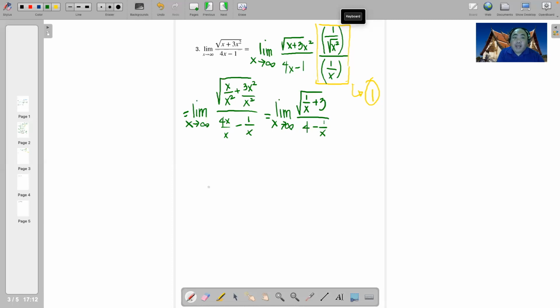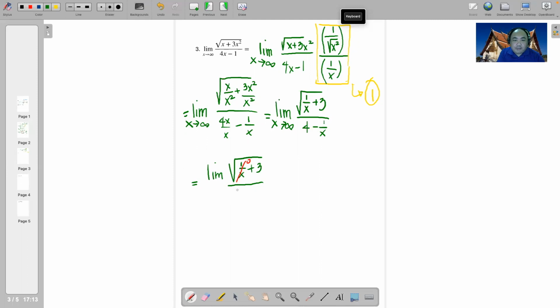infinity. And then using the preliminaries that we have, we know that this is just the limit of the square root of 1 over x plus 3, where this is 0.